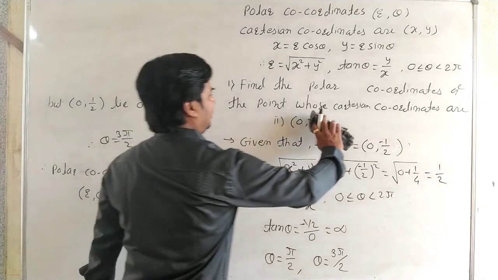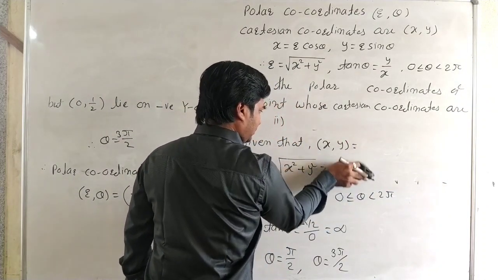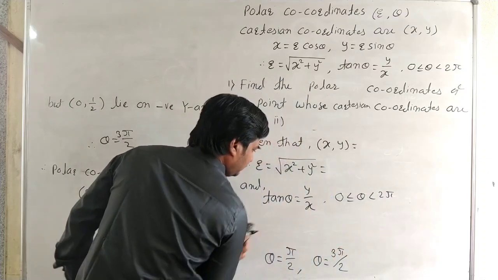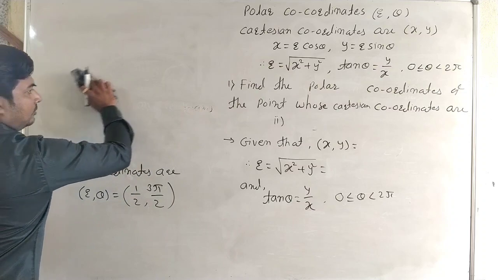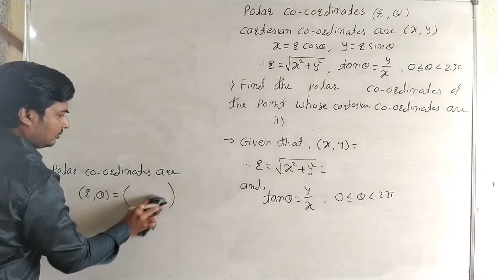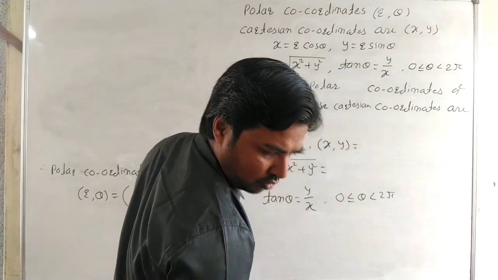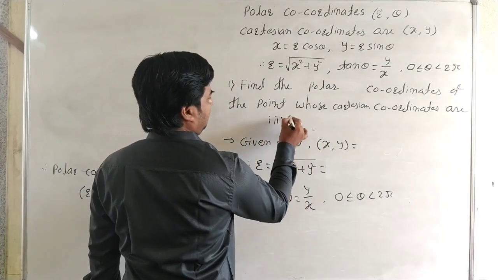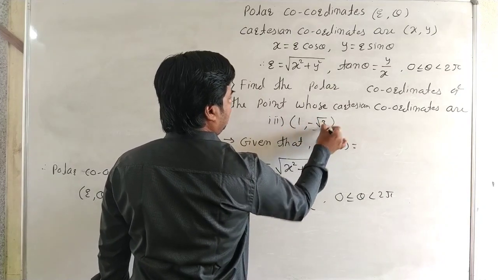Now the third example: 1 comma minus under root 3.